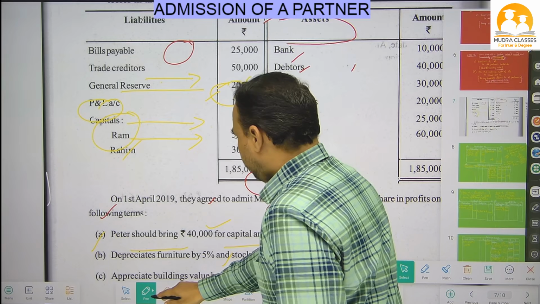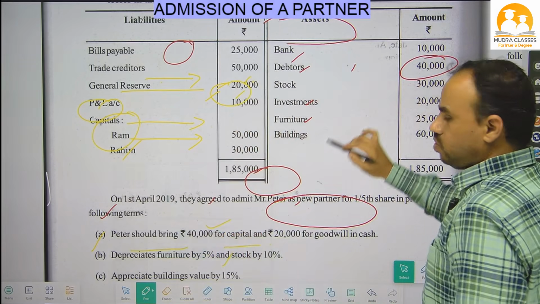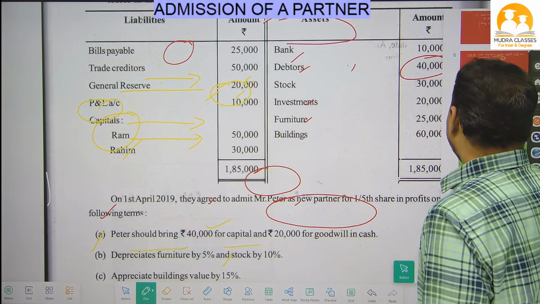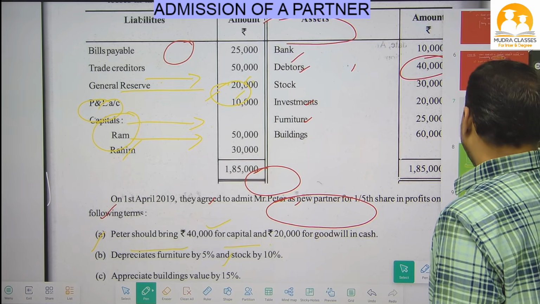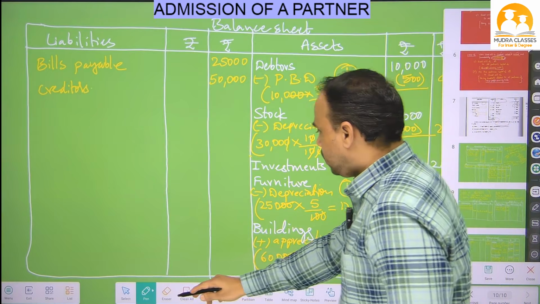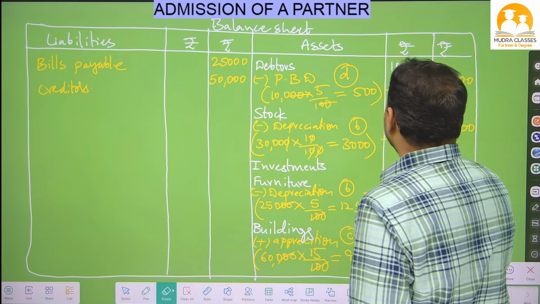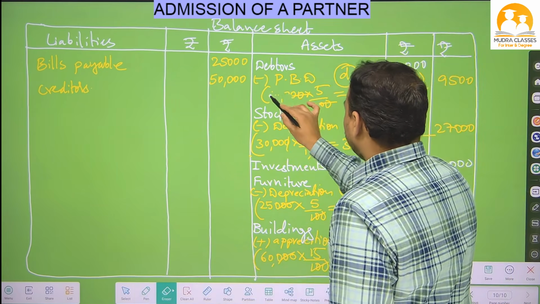Are you able to see? Debtors amount how much, Nana? Debtors amount is 40,000, but in the answer by mistake I written debtors as 10,000. So here I will change, beta, so that this PPD amount also changes. Listen carefully to this step. One more time I will explain this one.